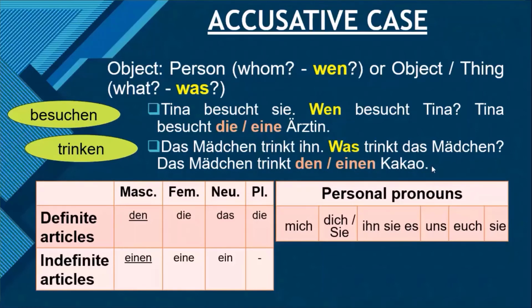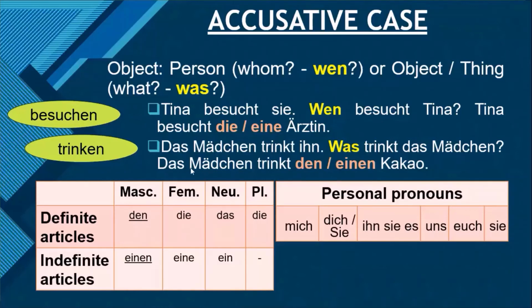The thing here referred to is the cocoa, which is cacao, and cacao is der Kakao. But because the accusative case is being used, therefore the der changes to den. Or instead of den, einen can be used.